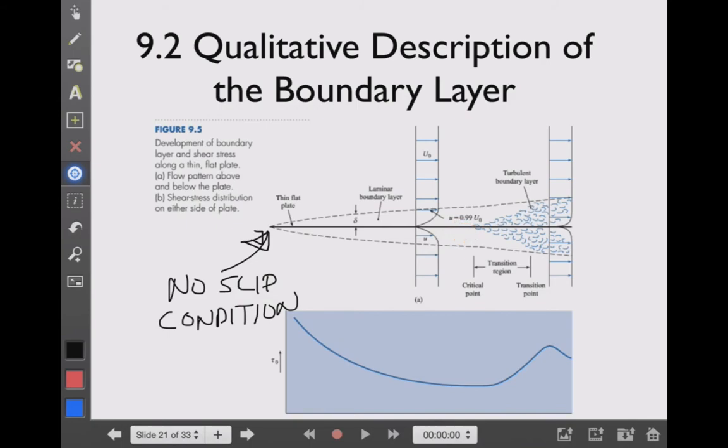This is the critical point, as I mentioned before, where we start to develop some turbulence, which we can observe right in here. The transition region describes basically the length along the plate where the turbulence is not fully developed. But once the turbulence is fully developed, the entire boundary layer is turbulent.